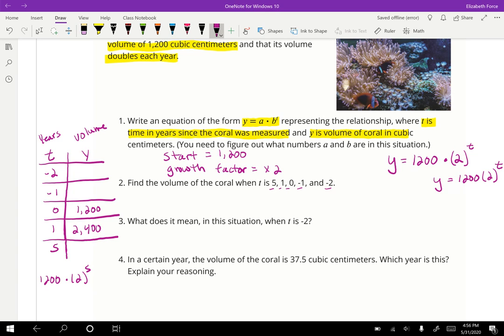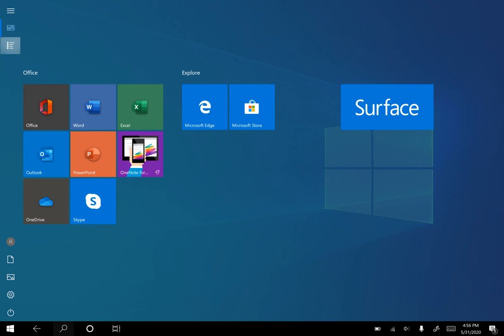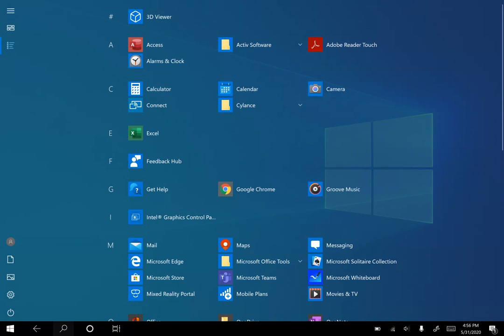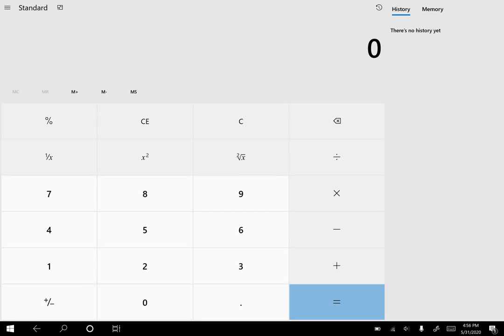I need a calculator. So let me go see if I can bring up my calculator on this screen. This one will work. And go to my apps, and there's my calculator. So 2 to the 5th power.